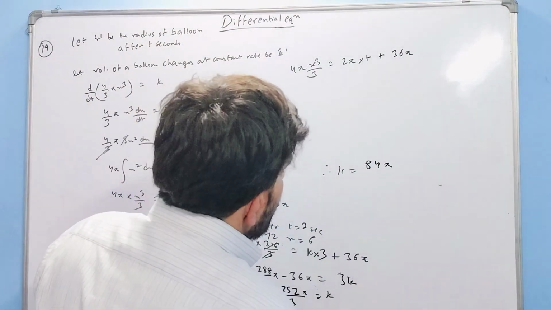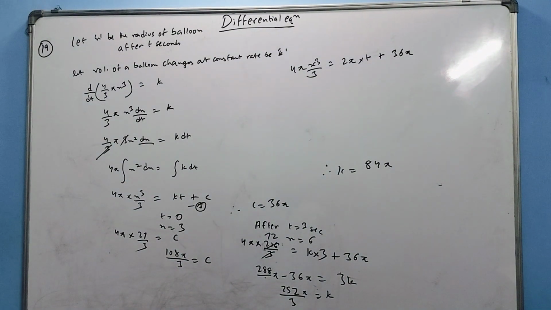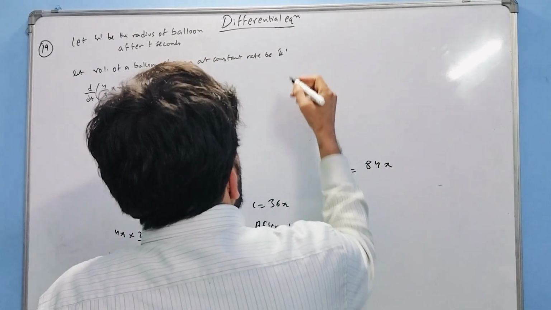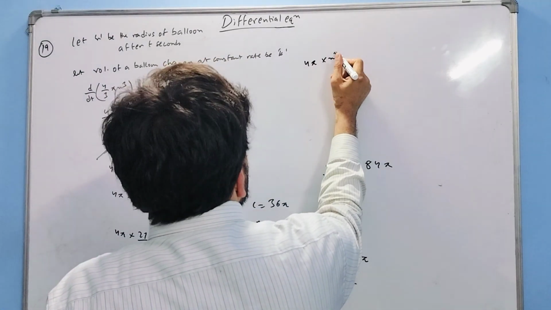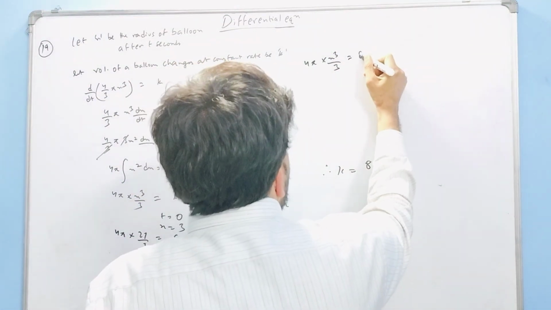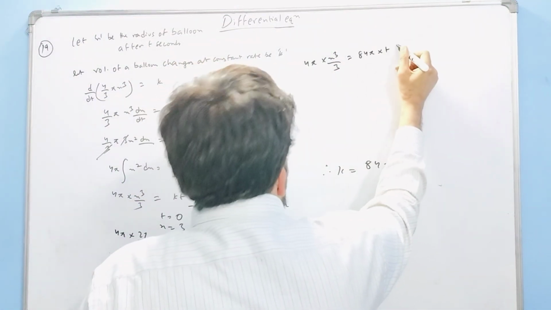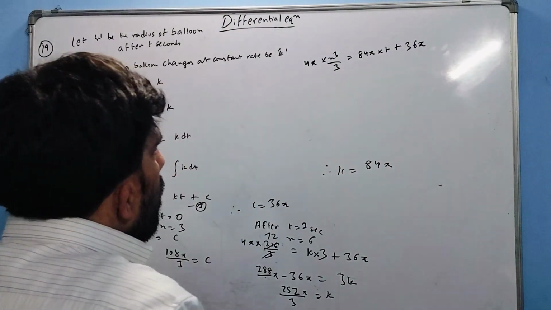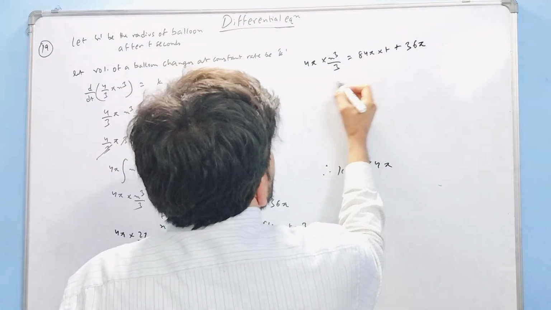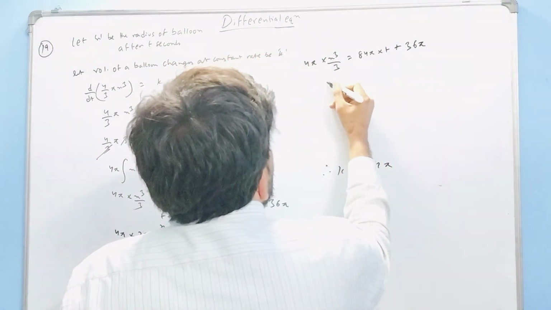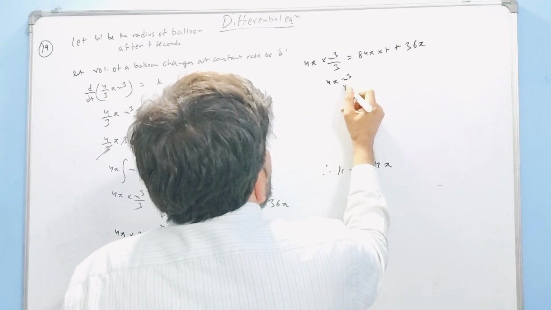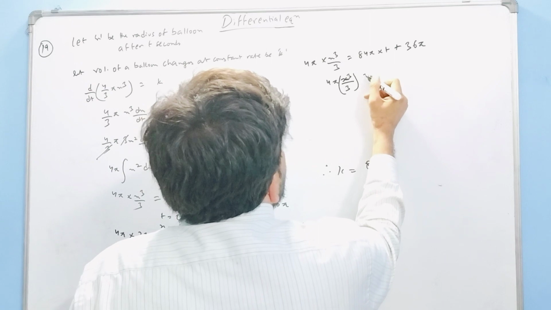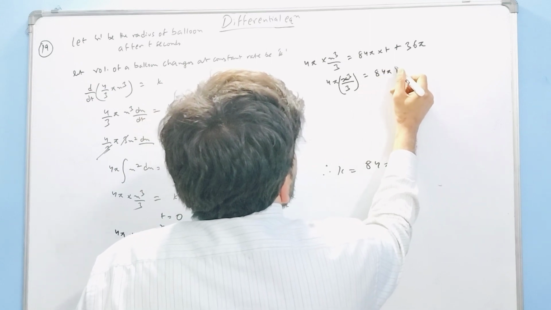Now putting the value of c and k, that is 4 pi into x cube by 3 is equal to k, we have 84 pi into t plus c, I have 36 pi. So if I try to solve this, I got 4 pi x cube upon 3 is equal to 84 pi t plus 36 pi.